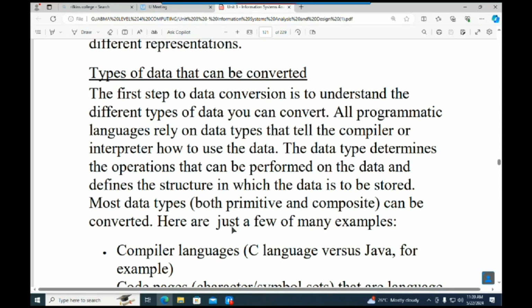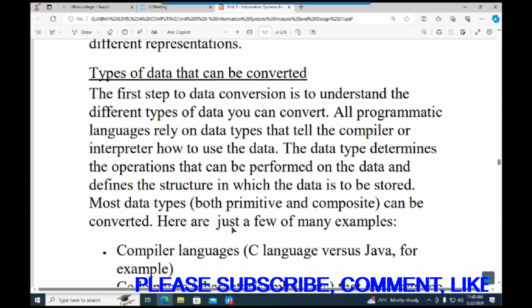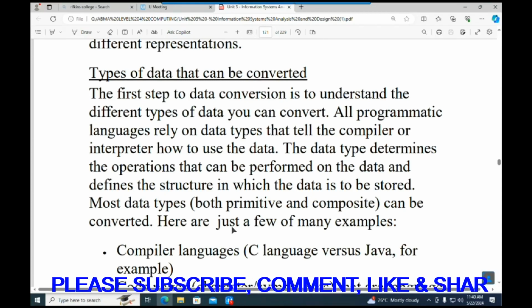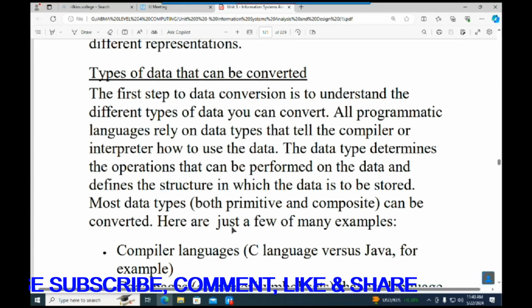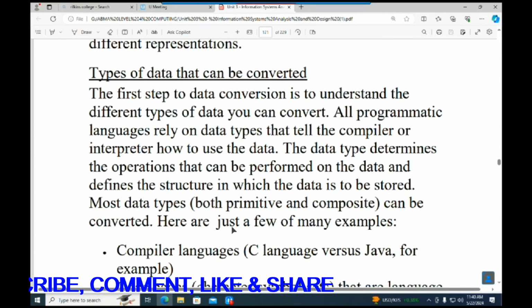Whatever data type you use in such a program is going to determine what operations can be done on that particular data. For example, if you're using a string as a data type, you cannot then start multiplying strings. It is going to limit you from performing some arithmetic operations on it. But when you are dealing with numeric data, maybe a number, then you will be able to do all those other types.